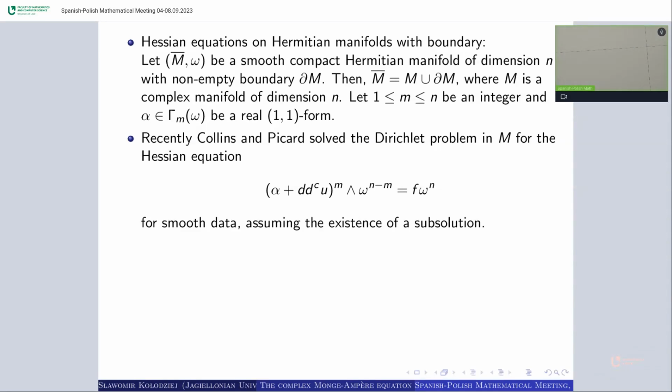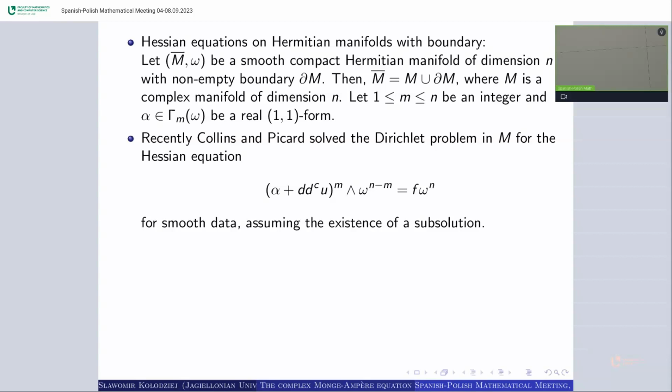So this alpha is not necessarily positive, but it is a real (1,1) form, in this cone Gamma_m, and omega is our Hermitian form. And we need to solve this equation. Again, first for smooth data. And it was first done by Collins and Picard. For smooth data, they proved that if a subsolution exists for this equation, then there exists a solution.